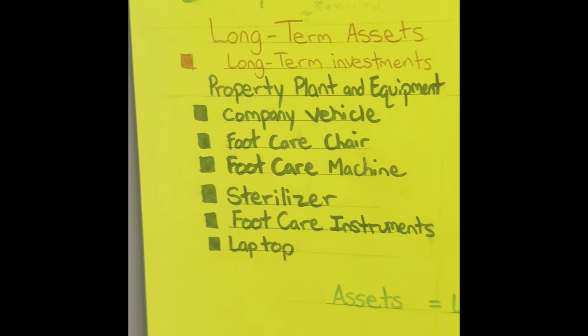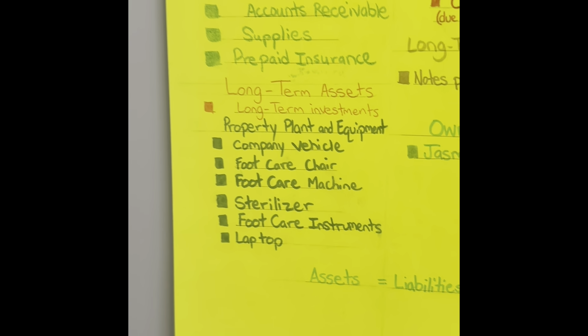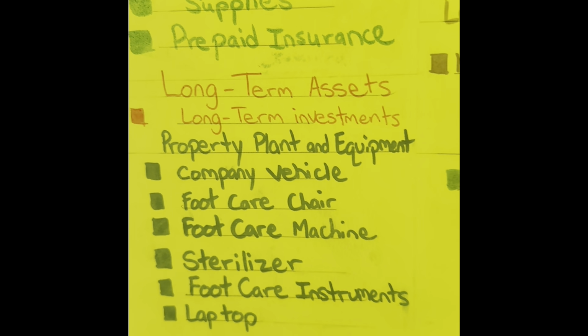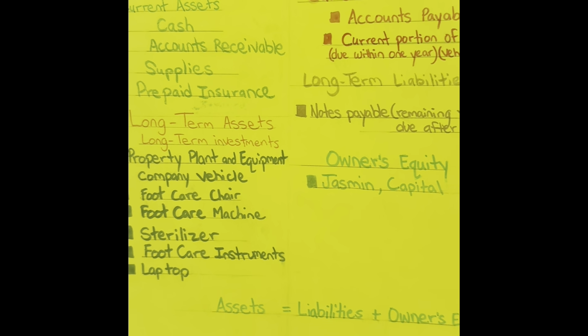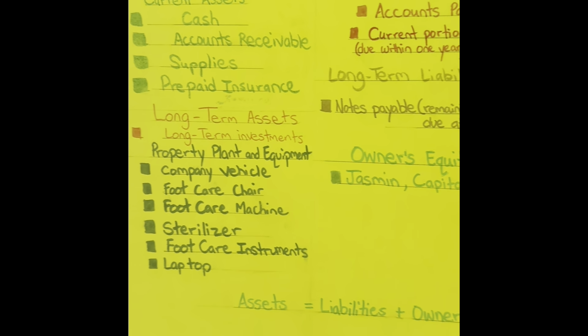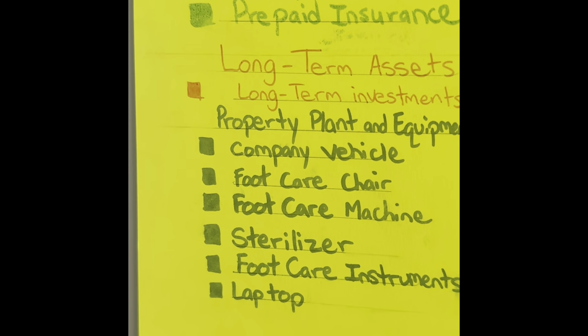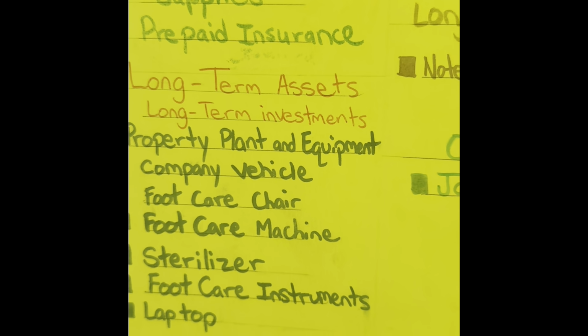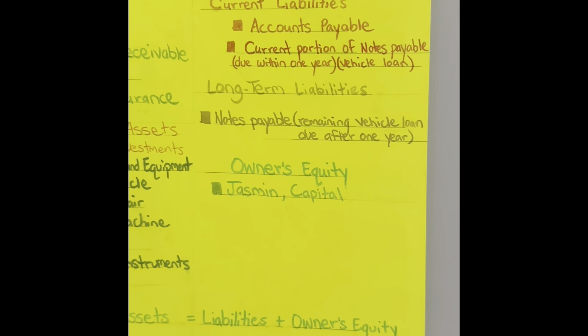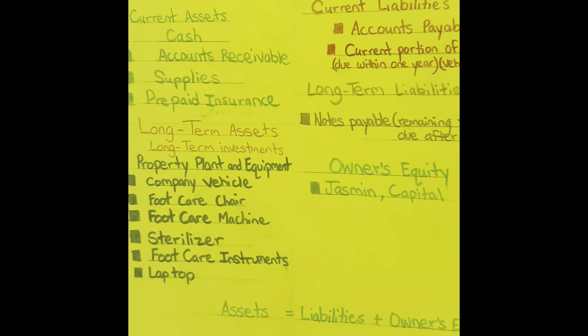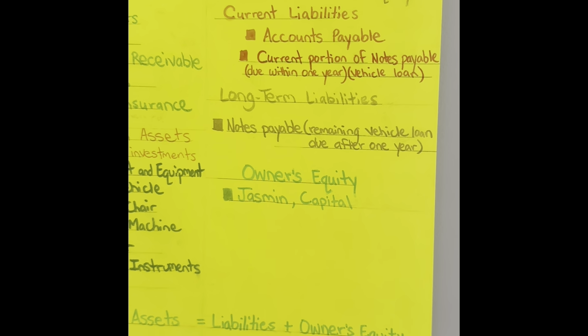The payment that I will be paying within the year will be part of a current liability, and the payments that will be made on my company vehicle after 1 year will be long-term liabilities. And we will get into that in just a moment here.